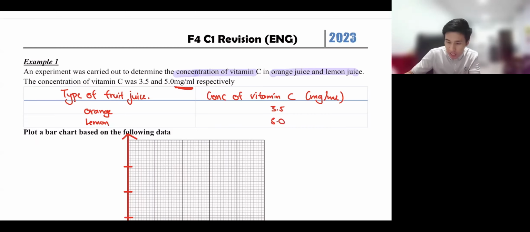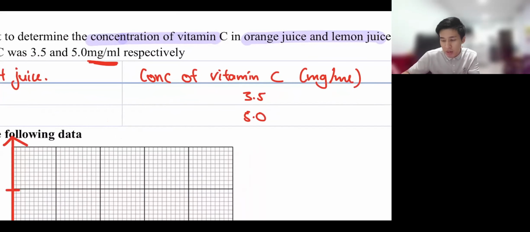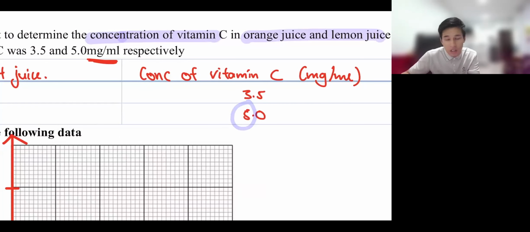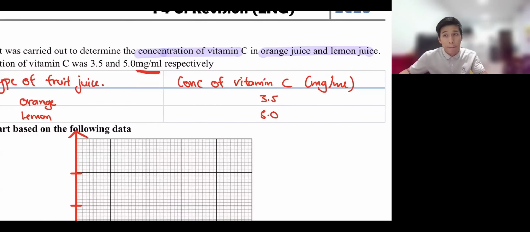Now, the decimal places need to be the same. Even though it's 5, usually we just write 5, but here we must write 5.0 because of this one. Here has 1 decimal place, so here must also have 1. It must be the same. If there's 3.51, here must write 5.00, meaning all must be the same.